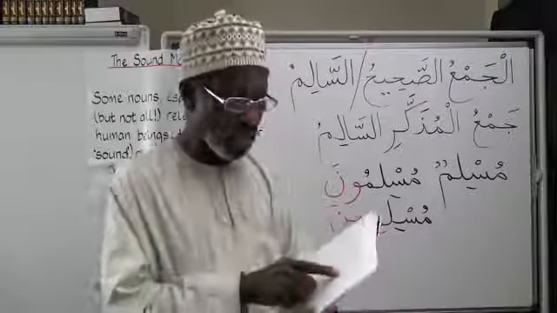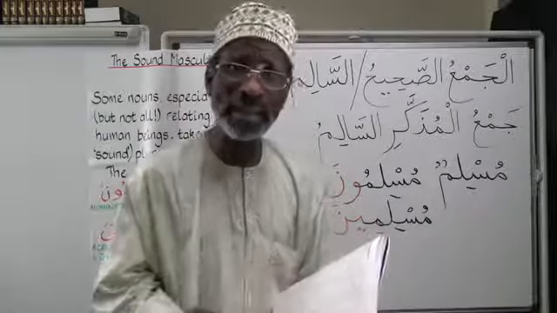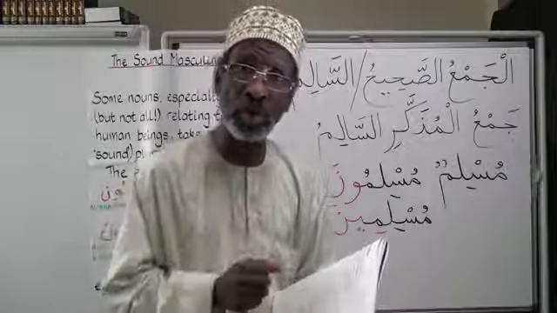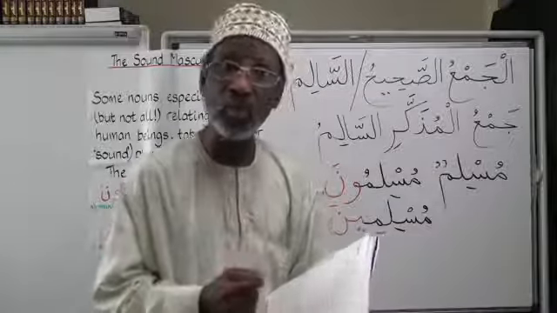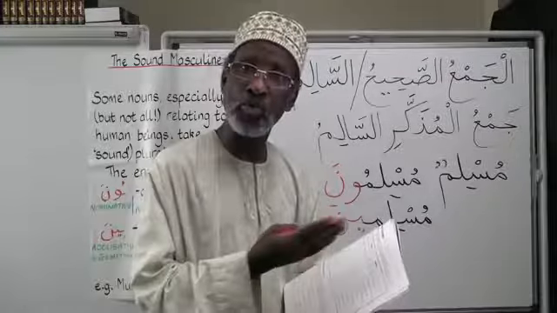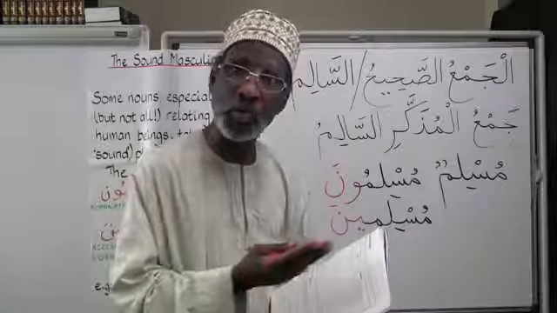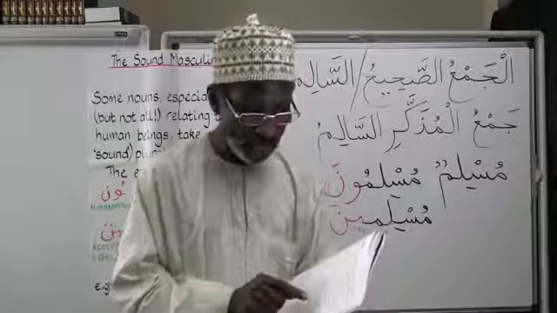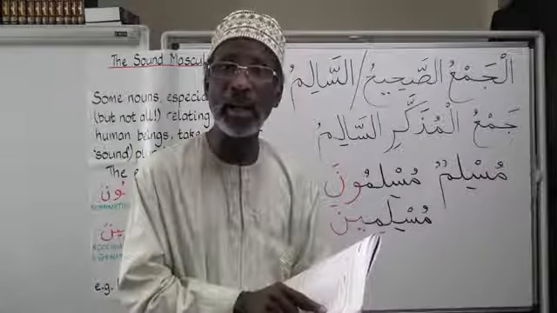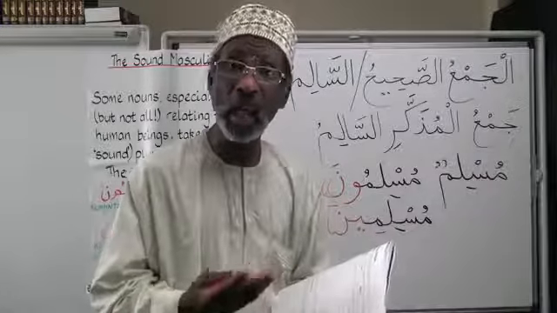such as a famous presenter. A presenter male is mudhi'un. Famous is mashhurun. So it becomes mudhi'una mashhuruna, or mudhi'ina mashhurina. Next one, a careless barber. A barber is hallaqun.